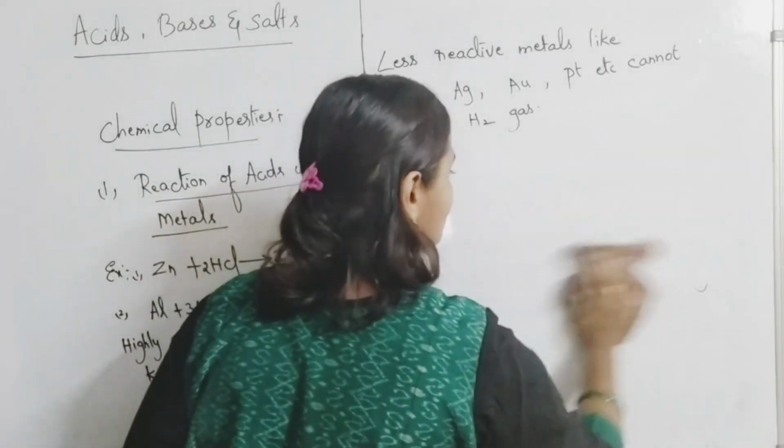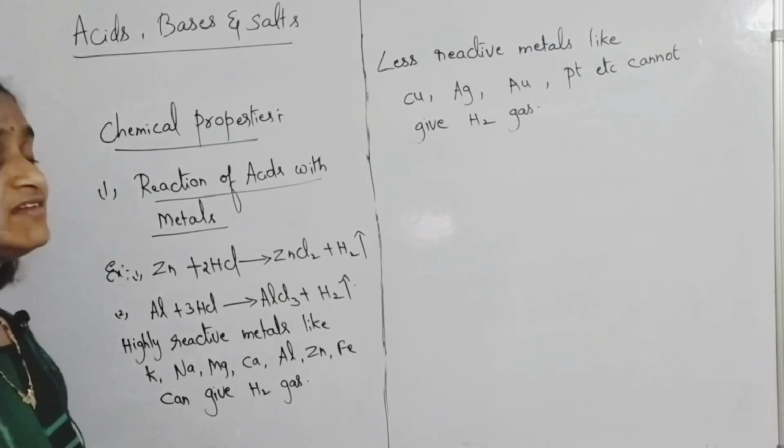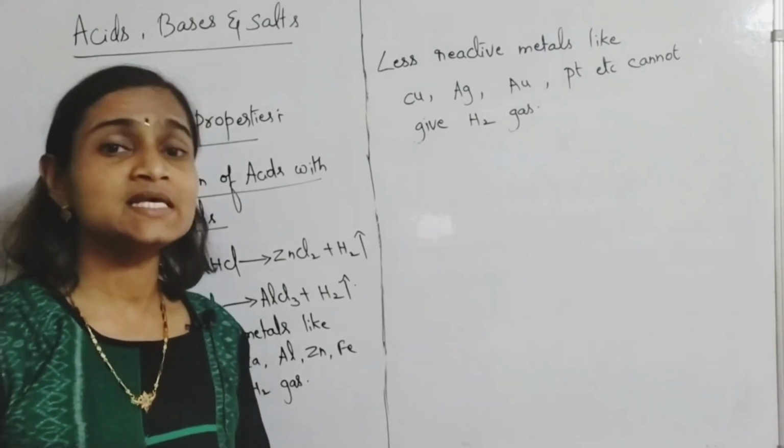Generally they give hydrogen gas, which can be tested as the burning splinter puts off with a pop sound. Then you can say the gas liberated is hydrogen gas.